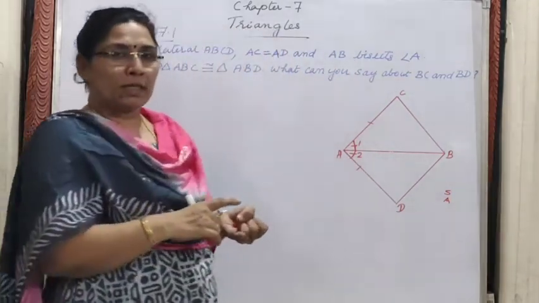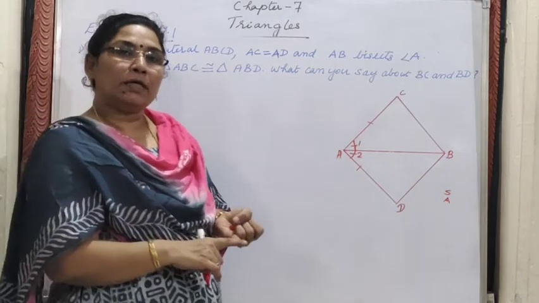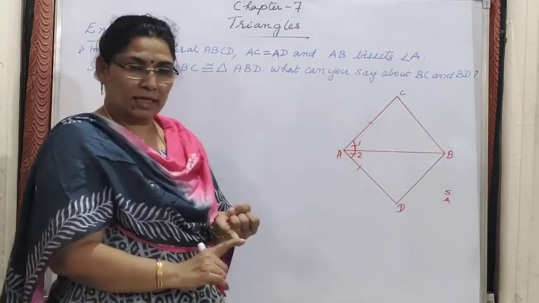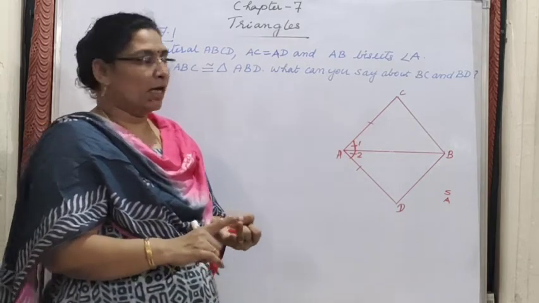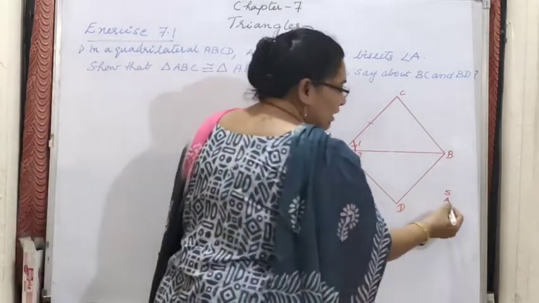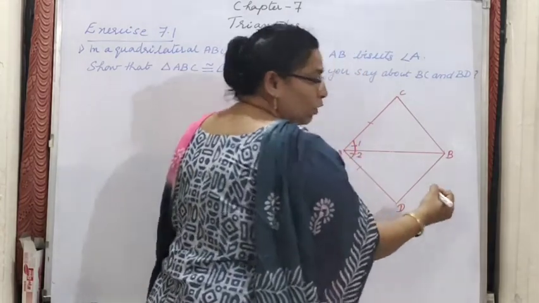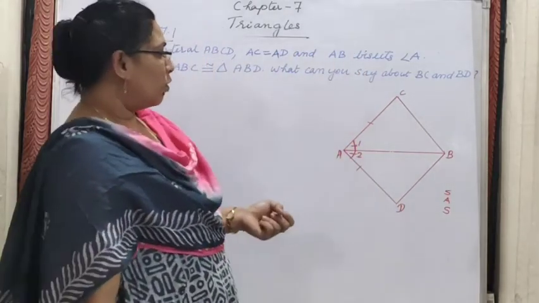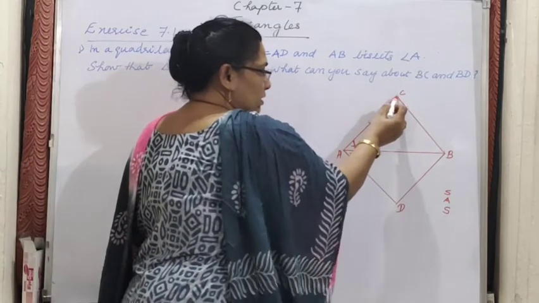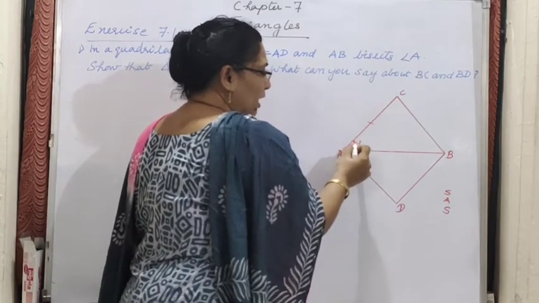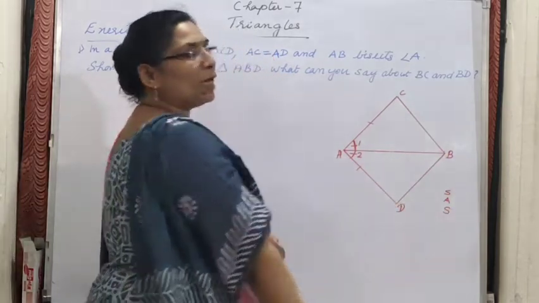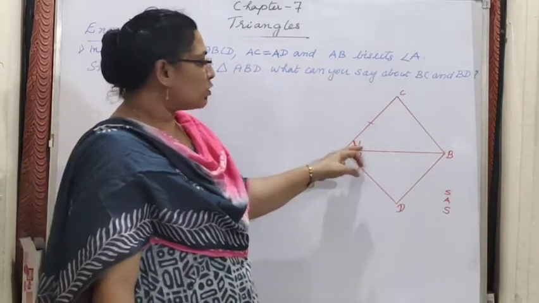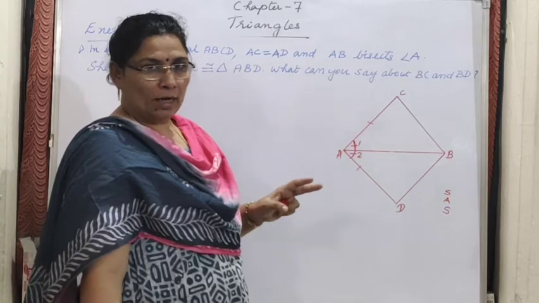Now for proving the criteria, either we need one more angle, because ASA or AAS, or we need SAS criteria. If it is SAS, this angle should be included, right? When we take this side as the first side and the angle is this one, the making side is AB only. This angle is formed by angle 1, right?